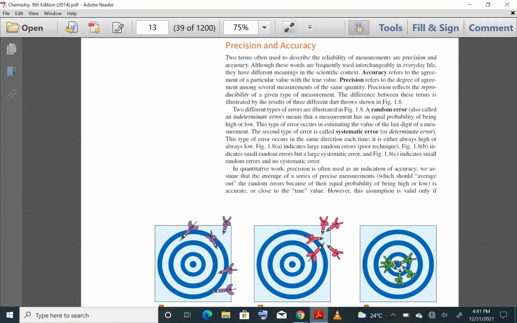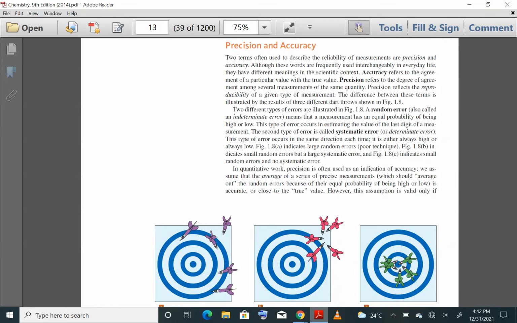So now what you'll be doing is looking at the particular value that you are comparing, and saying how close is it to the true value. So you are comparing each value that a student has given, or each value that has been found in the lab, with a true value.